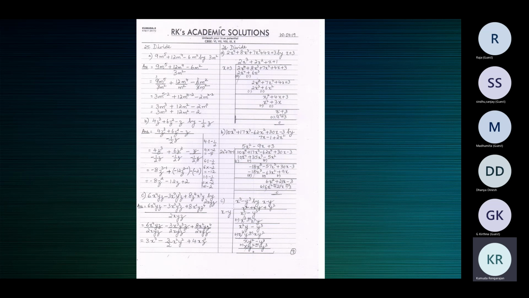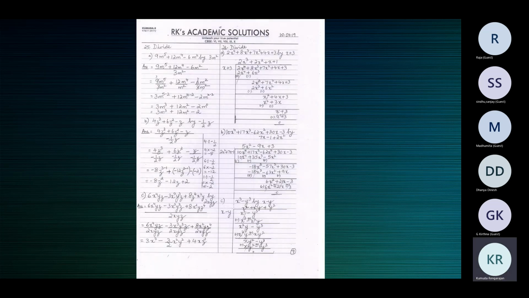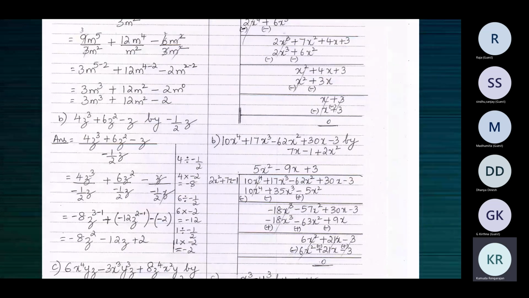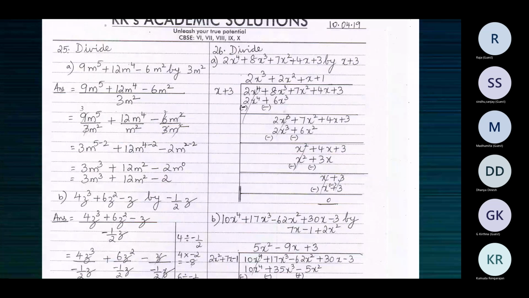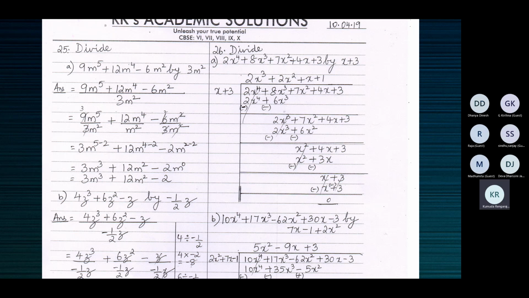Now, for people who have not watched the videos, okay, let me see. I'll just try to explain division. In case you don't understand, then I have to go back to multiplication. So children, so far in algebraic expressions, we have learned how to add expressions, subtract two expressions, and multiply them.